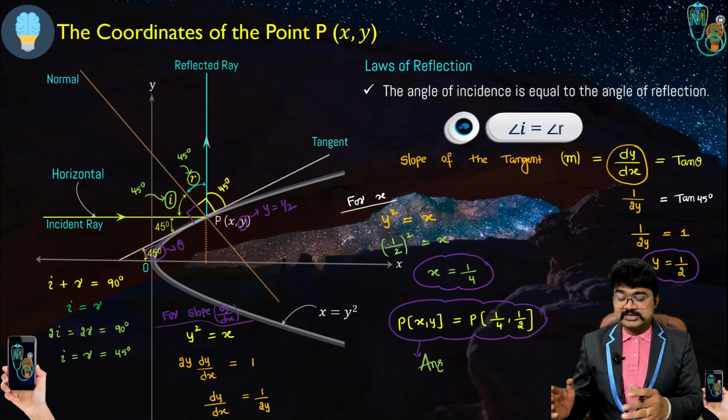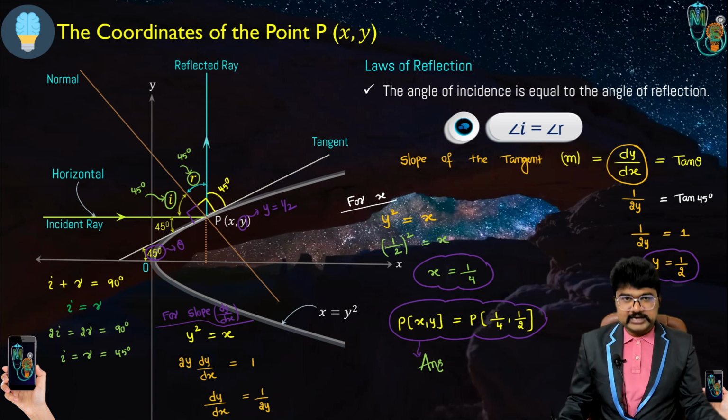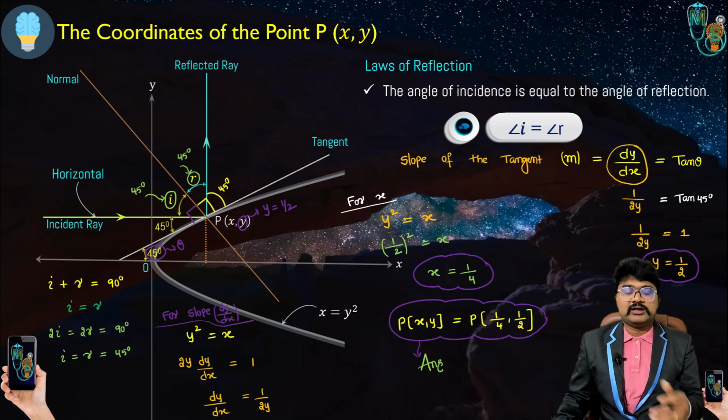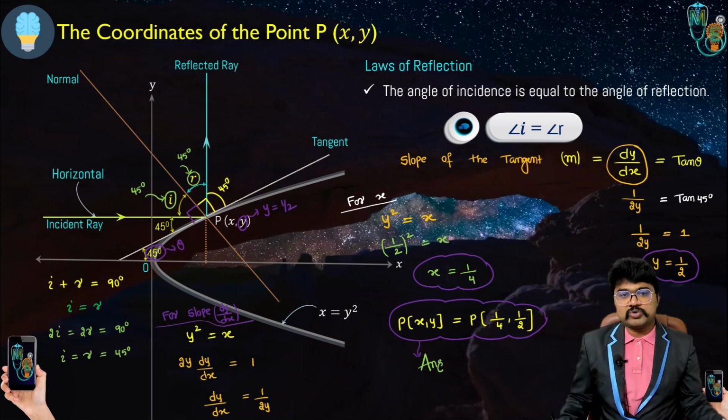Here the incident ray is incident on the parabola at a point P, so the reflected ray will be vertical. Even if the reflected ray deviated by some angle, you are in a position to calculate. Here you only need to apply the law of reflection, I equal to R.